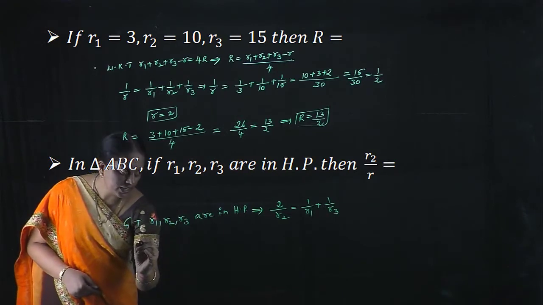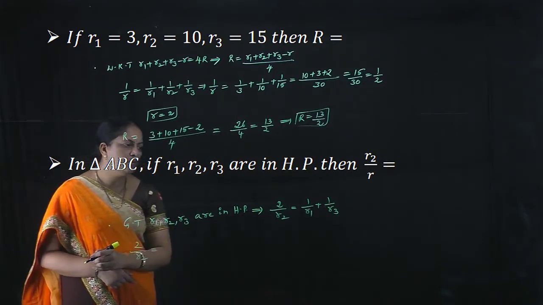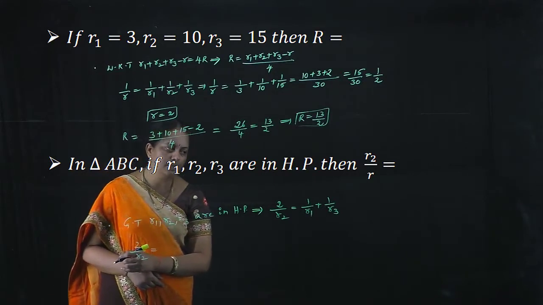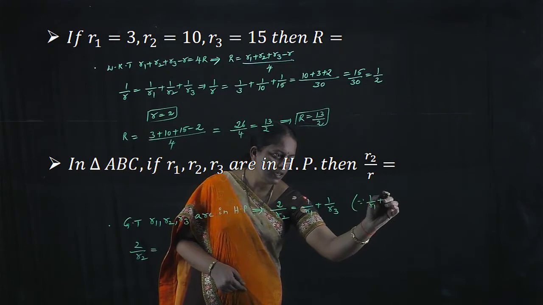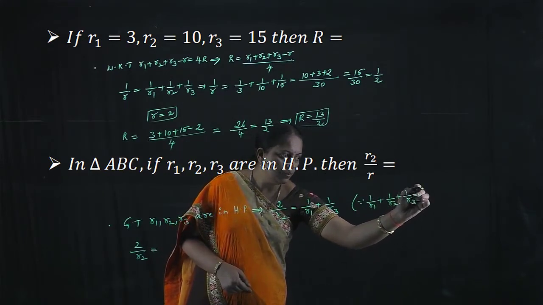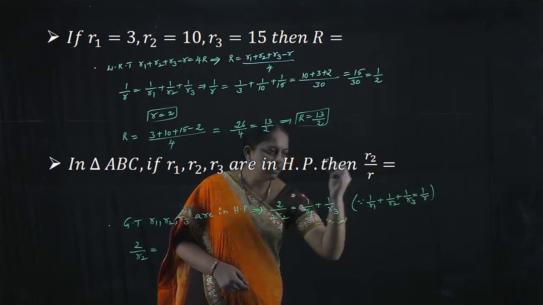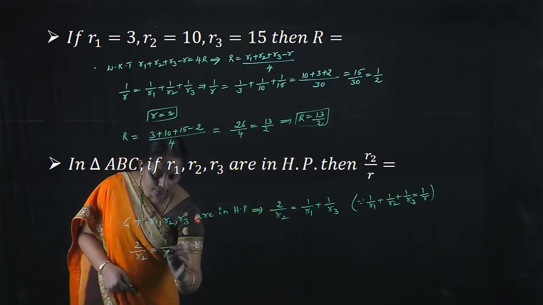And we know that 1 by R1 plus 1 by R2 plus 1 by R3 is equal to 1 by R. From this we can write 1 by R1 plus 1 by R3 is equal to 1 by R minus 1 by R2.